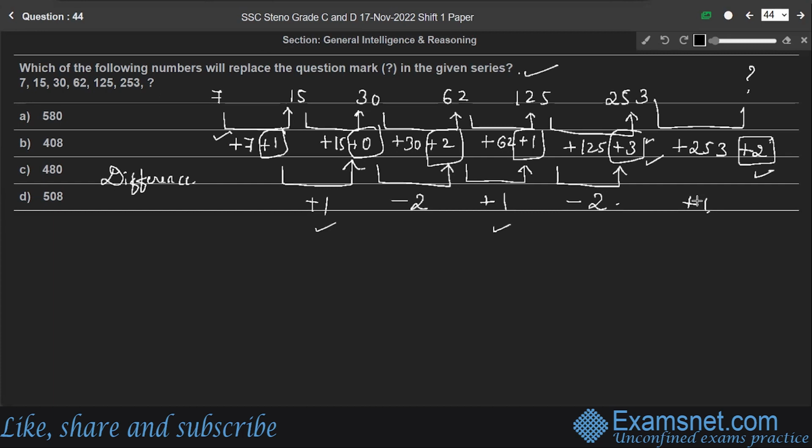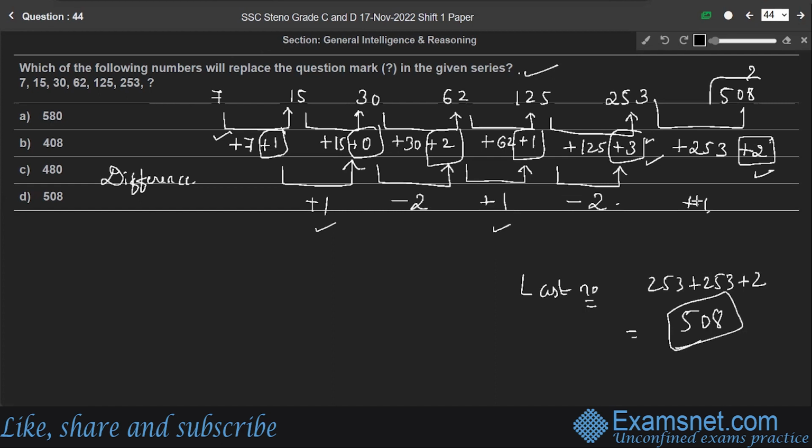Therefore, the last number is 253 plus 253 plus 2, which is 506 plus 2, 508. 508 is the last number. Therefore, option D is the right answer.